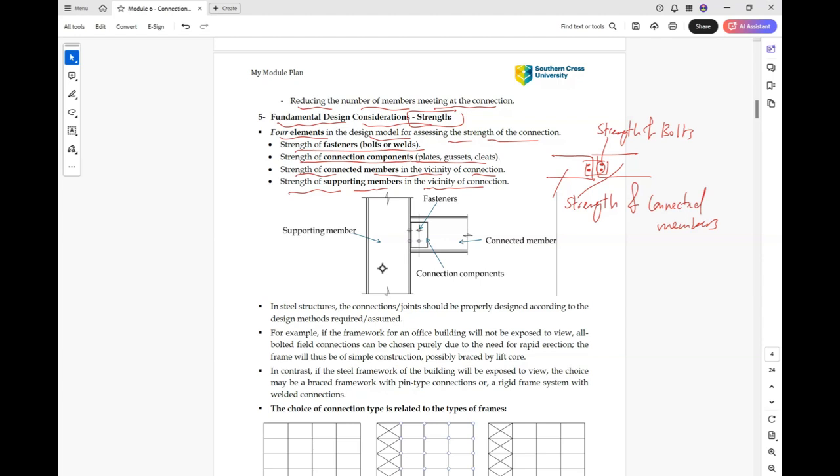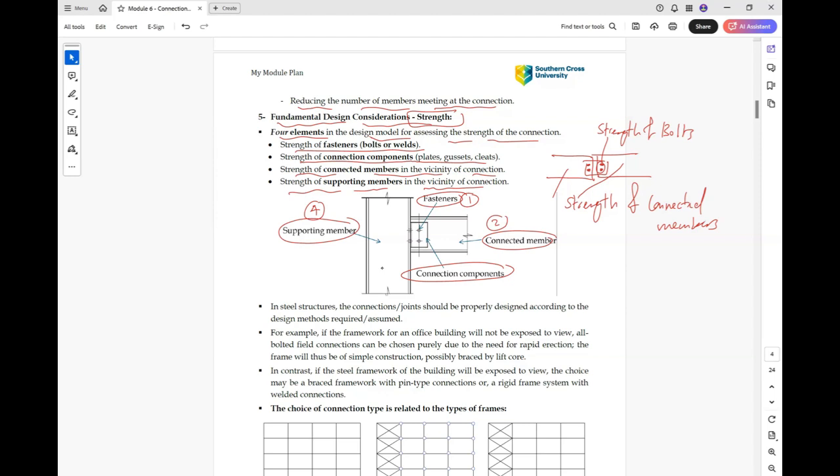Like for example, here is a clarification again. So we have the fastener, the connected member, and this is the column, the supporting member, number 4, and this is the connection components.